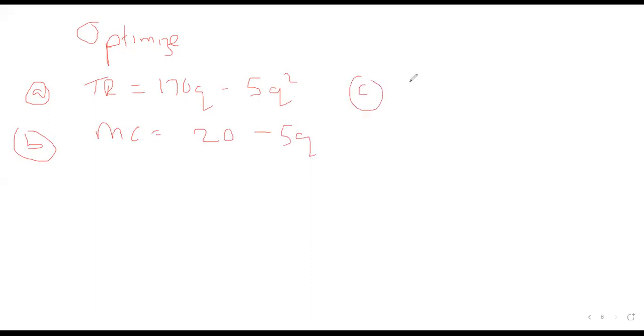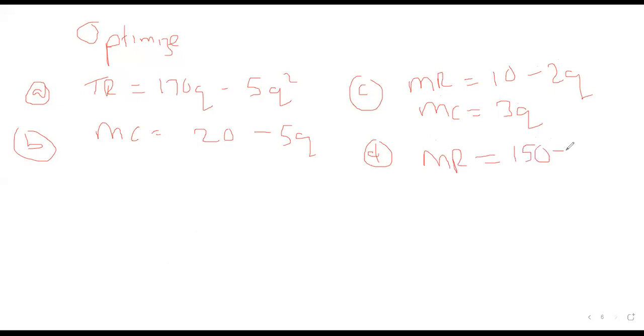C, they've given you the marginal revenue is equal to 10 minus 2Q, and at the same time the marginal cost is 3Q. In part D, they've given you your marginal revenue only as 150 minus 10Q.